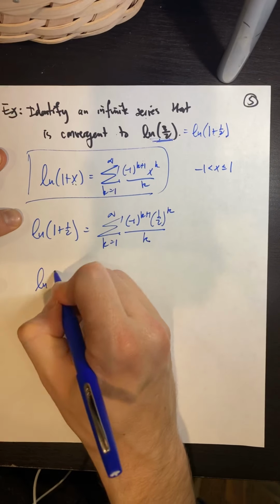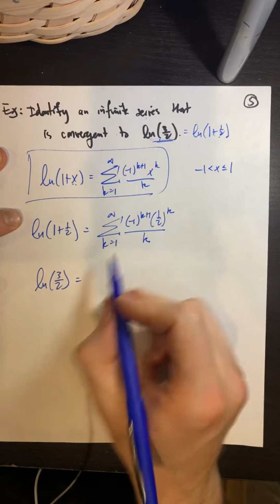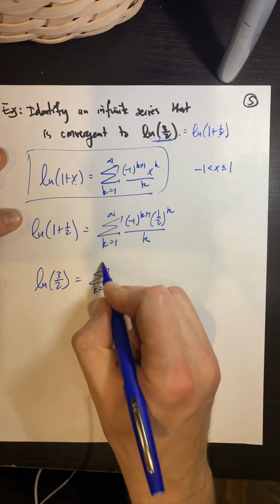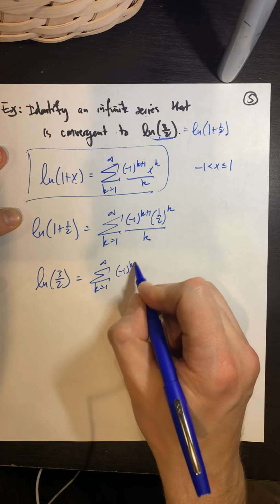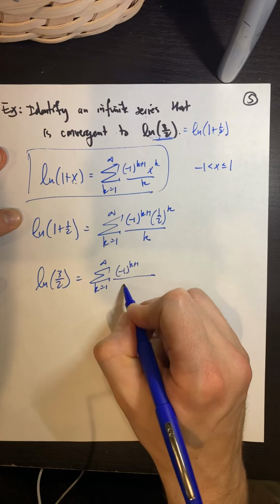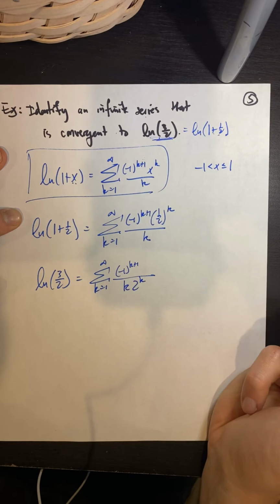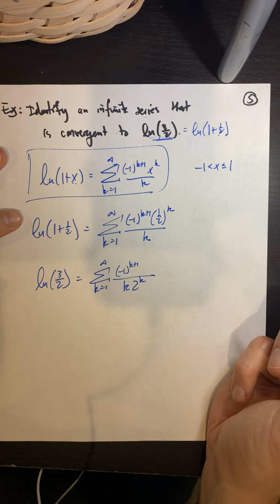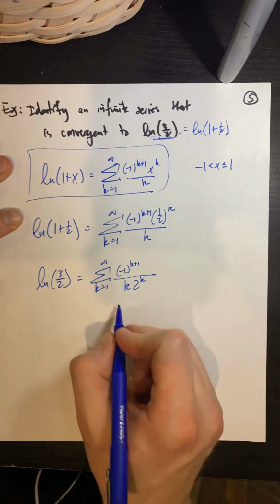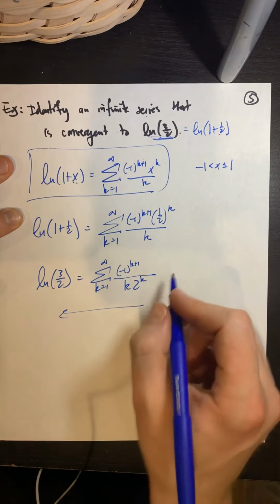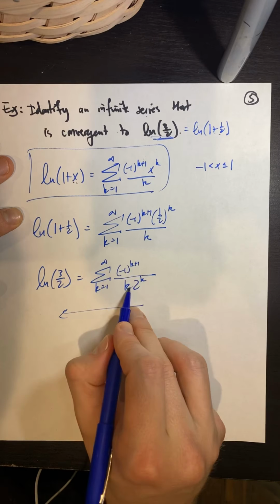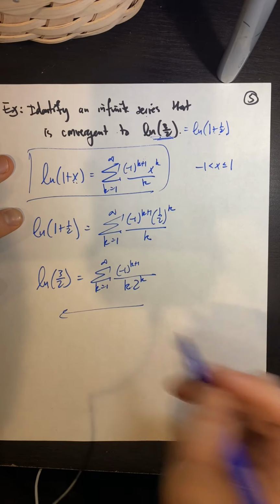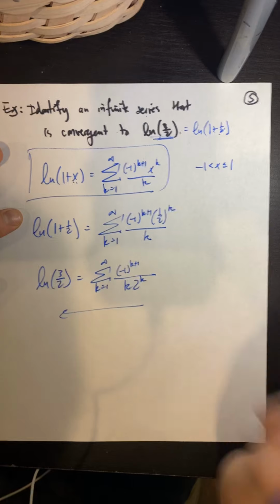So here we see ln of 3 halves is equal to the series k equals 1 to infinity, negative 1 to the k plus 1 over k times 2 to the k. So now read this equation right to left. This says that this series right here converges to ln of 3 halves. So not only do I know that it's convergent, I know exactly what it converges to.